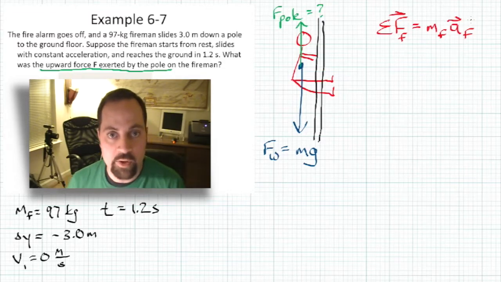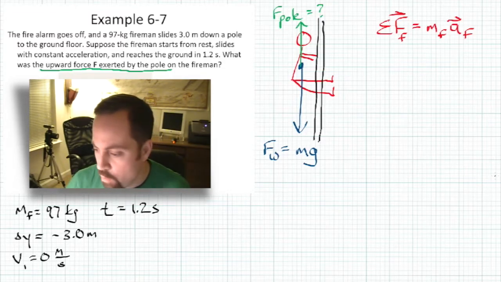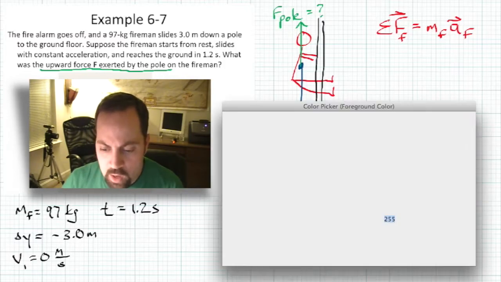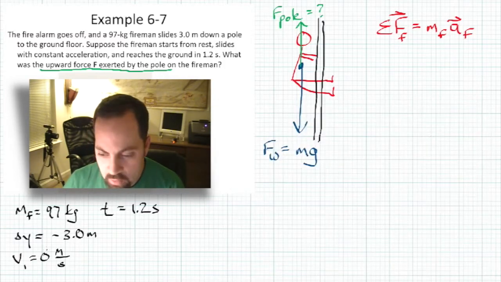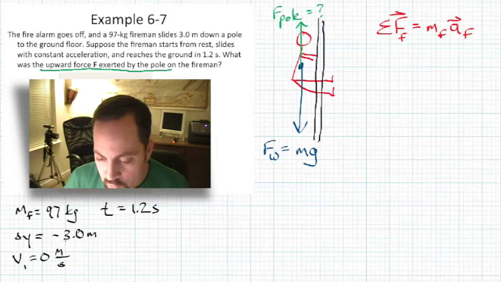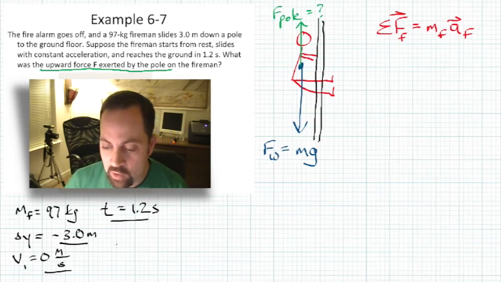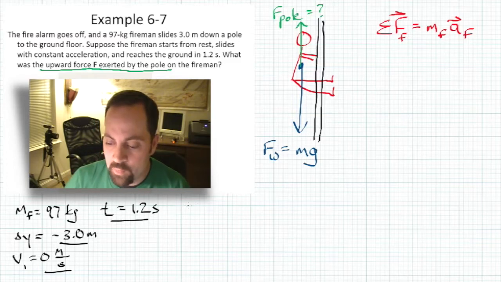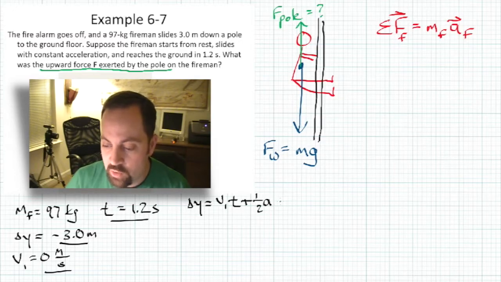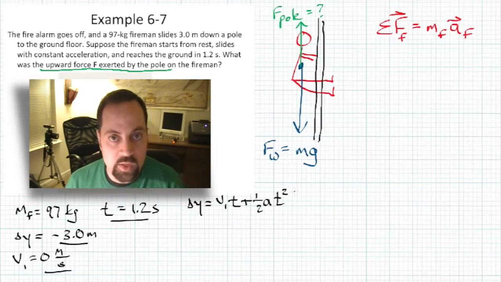Now, we don't know his acceleration, but we can find it. Look at what we have here. We've got displacement, we have initial velocity, we have time. We should be able to solve for acceleration, right? Because displacement is initial velocity times time plus 1/2 times acceleration times time squared. So we're given all those parameters.